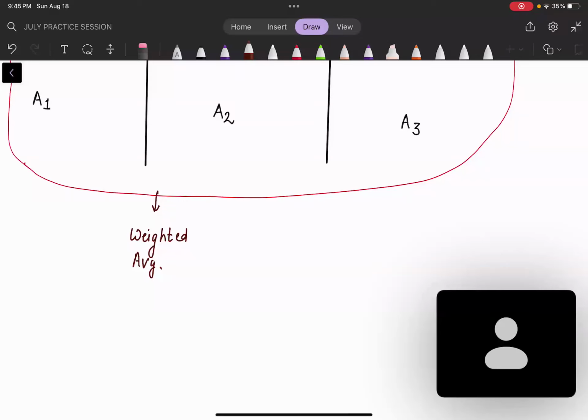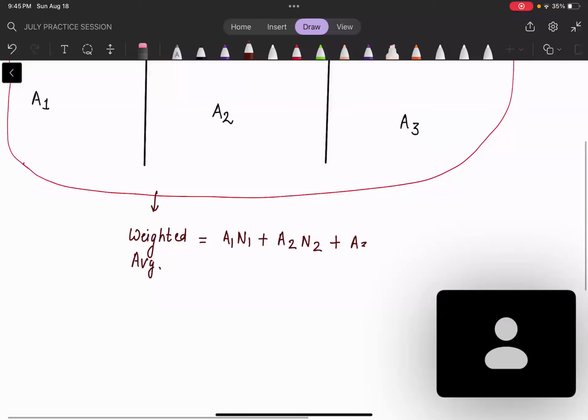Yeah, so I was saying that overall the average will be called the weighted average, and it will be calculated using the formula A1 N1 plus A2 N2 plus A3 N3 divided by N1 plus N2 plus N3.